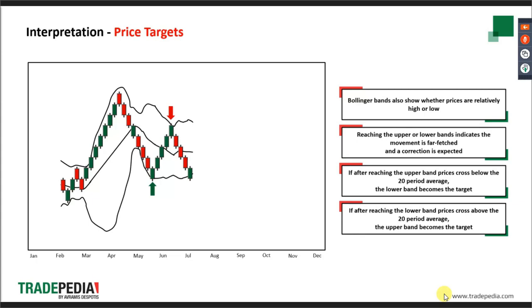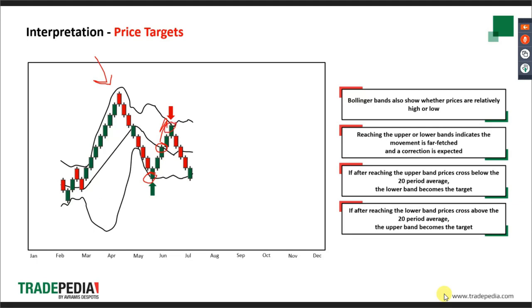So if price falls from the upper band and crosses the 20-period moving average, then the lower band becomes the price target. So this is how you can use it, all these three lines, from the band to the price target.